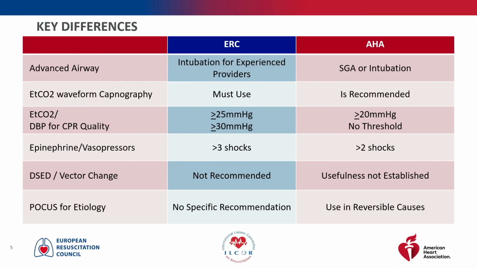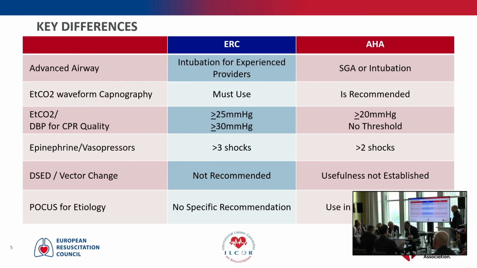I think the nuances come from the idea that the EMS systems in North America are fundamentally different than they are in Europe, and so it is very uncommon to have a provider in the field who can meet the bar that Jerry and Jess spoke about, right? A 95% first pass rate, right, with a minimal 5-second interruption is an incredibly high bar.